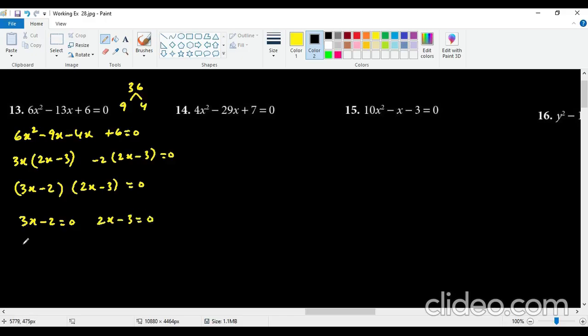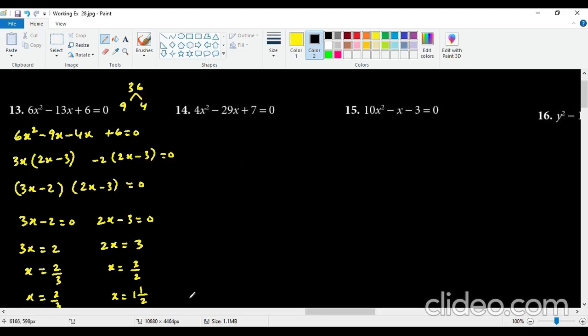That means 3x will be equal to positive 2 and 2x will be equal to positive 3. So the first one is going to be x equals 2 over 3, and another one is going to be x equals 3 over 2. You can write this as x equals 1 whole 1 over 2, and the first one is going to be 2 over 3. So both are going to be your answers.